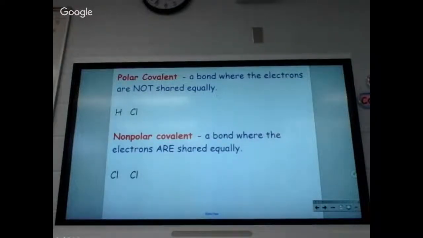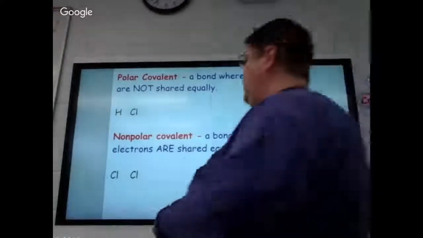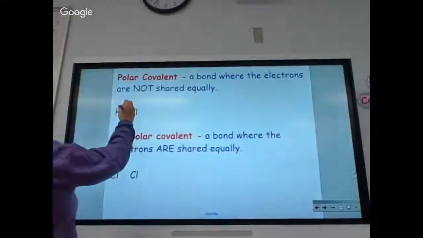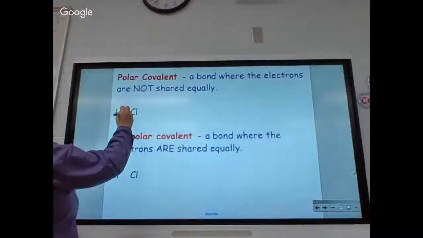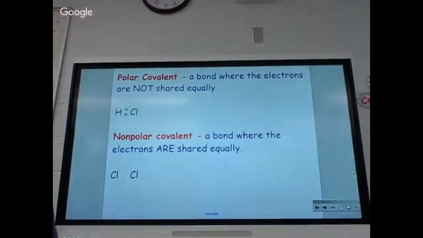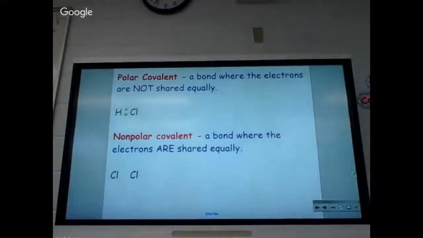The example that I wrote down was one we talked about last week. Do you remember when we talked about HCl? It was like the tug of war between the electrons, or H and Cl of the same strength? No. Do you remember where H was on the periodic table?